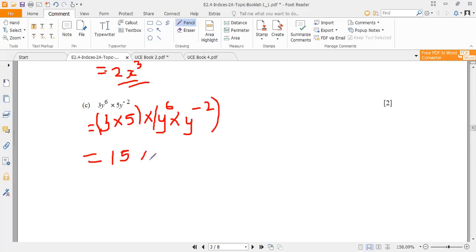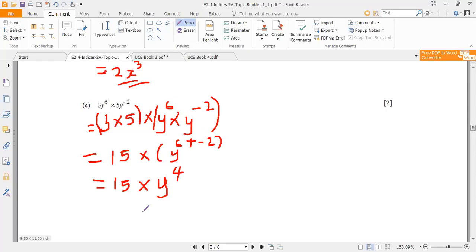This is the multiplication law. The base is the same, so we add the powers. This is 6 plus -2. So we end up getting 15 multiplied by y to the power of 6 plus -2, which is the same as 6 minus 2, which is 4.